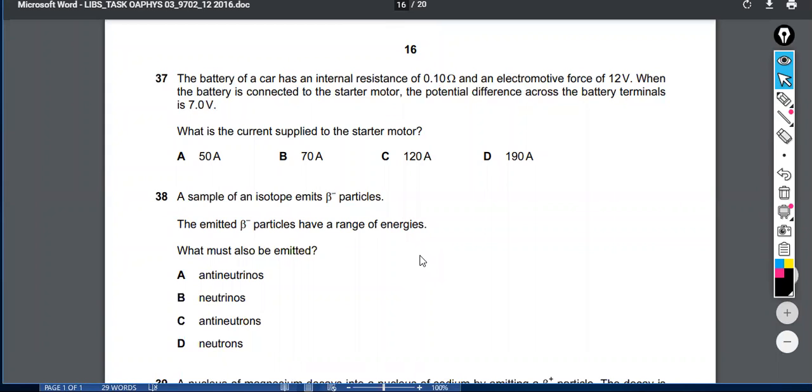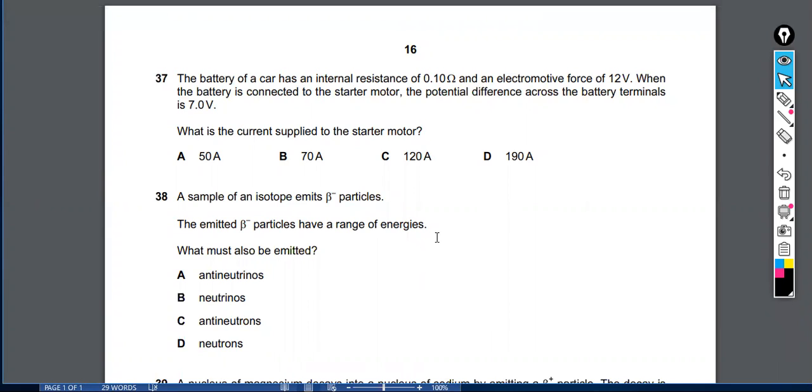Yeah, and so I always like to remember it like this. A beta minus particle is a regular electron, and you always get an antiparticle to go along with it. So if you get a regular old electron, you get an antineutrino. An antineutron, while those exist in the universe, is not emitted in radioactive decay reactions.